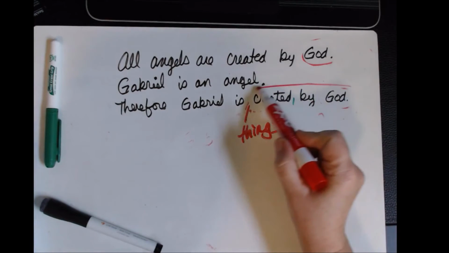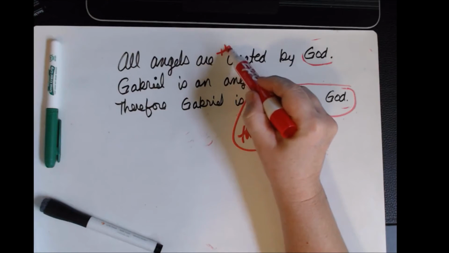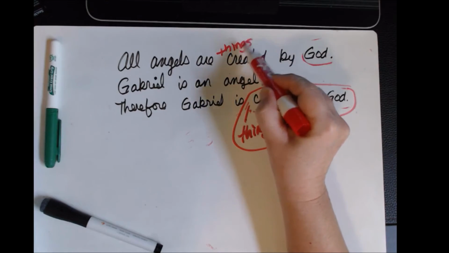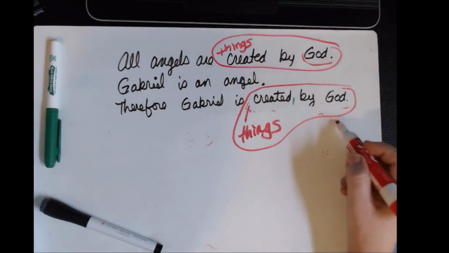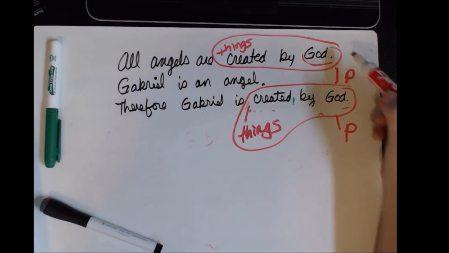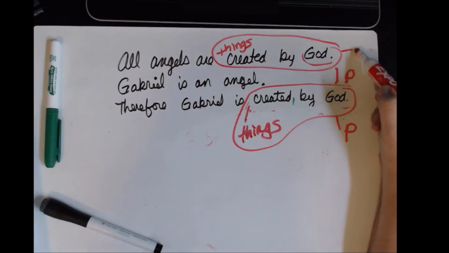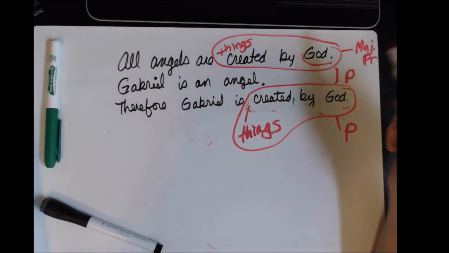So this is actually our major term. And then, of course, it would be inferred up here as well. Things created by God. So that is our major term. Then which is our major premise? Well, it's going to be this first one because it contains the major term.